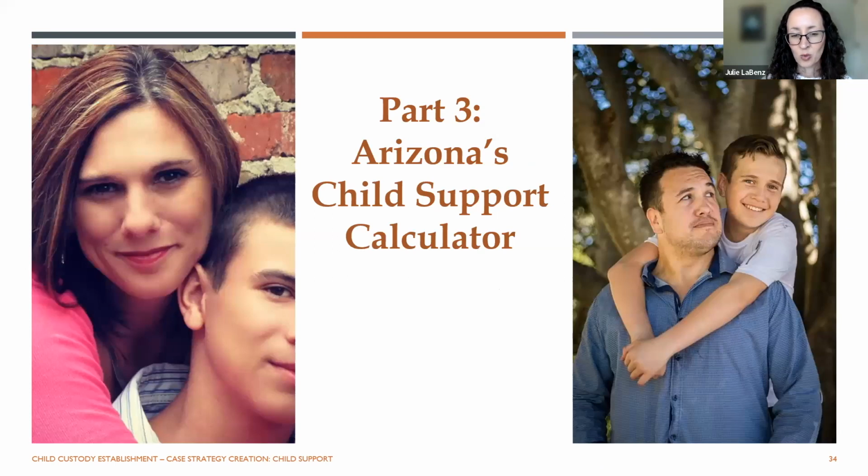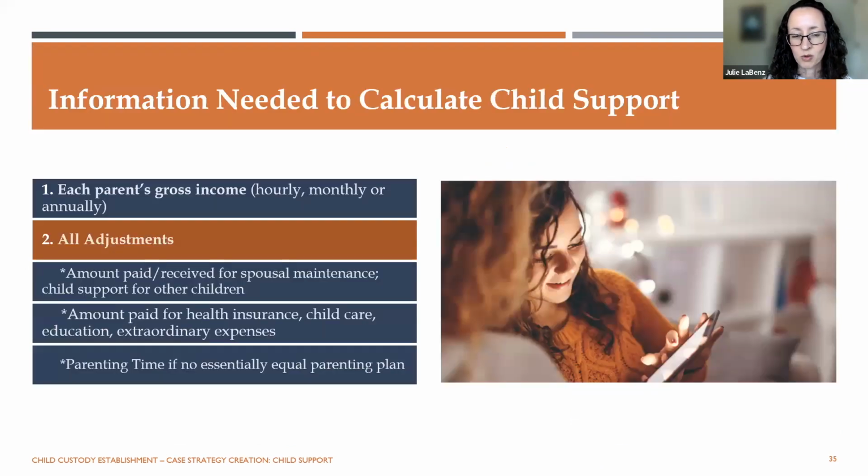All right, so we've got Arizona's child support calculator. We're going to pull that up again. Remember, in order to calculate child support, you need each parent's gross income on an hourly, monthly, or annual basis, and then all of the adjustments for spousal maintenance, if that applies, for support of other children not in common to the parents, if that applies, amount paid for health insurance for the children in common, childcare expenses, education expenses, extraordinary expenses for the children in common, and then the parenting time adjustment if you don't have an essentially equal parenting plan.